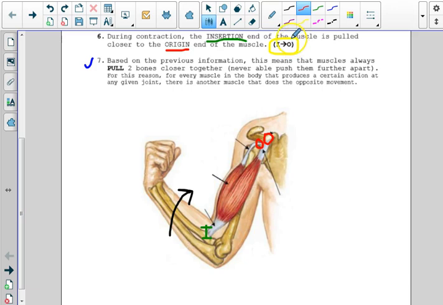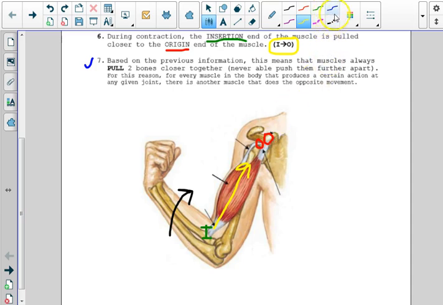And so let's apply our rule. I moves closer to O. So I'm going to draw an upward arrow like this within my diagram, which means that when this muscle contracts, this biceps muscle, the anterior upper arm, it causes the radius to get pulled closer to the scapula and creates the action that we would know as elbow flexion.